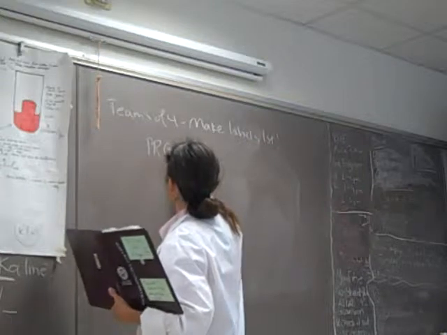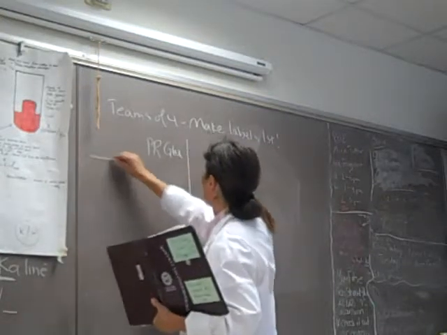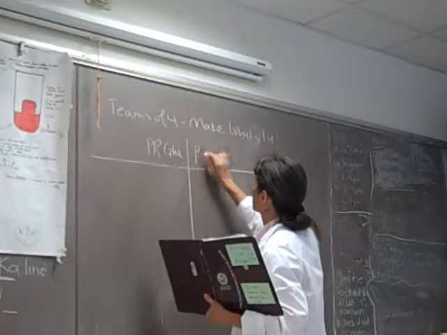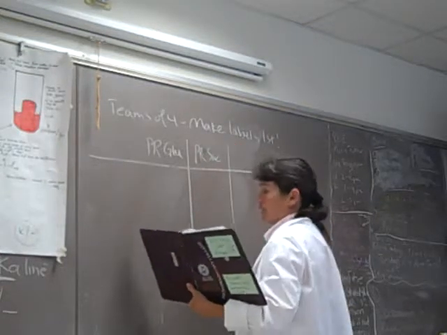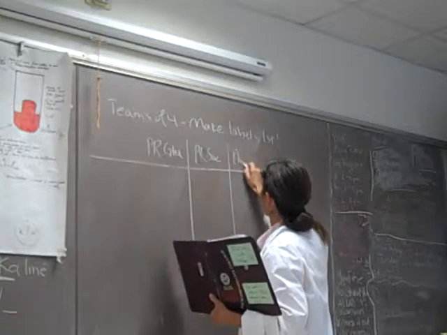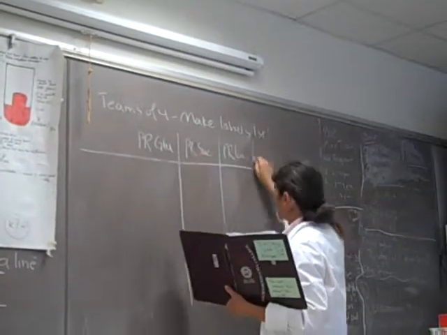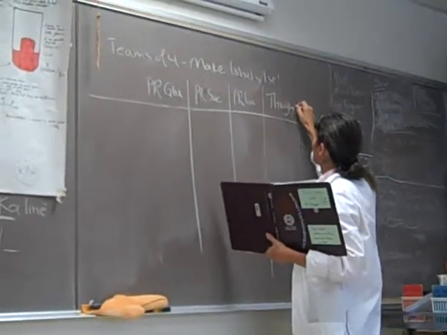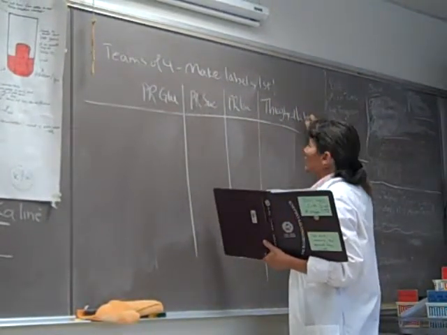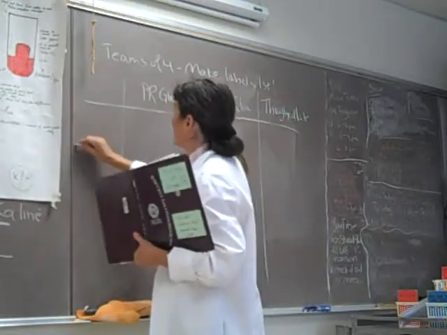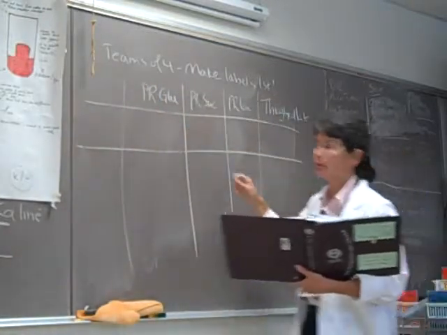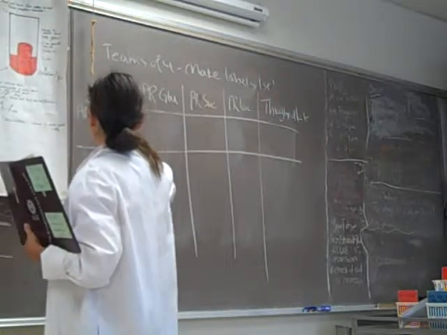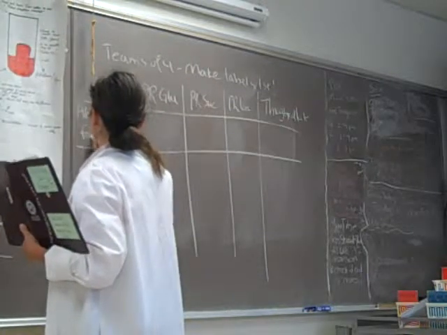So we have PR glucose, PR sucrose, and PR lactose. And then I'll also add the thioglycolate because we're going to talk about it in just a few minutes. And then we've got your pure cultures. So one set of tubes you'll inoculate with Alcaligenes faecalis.